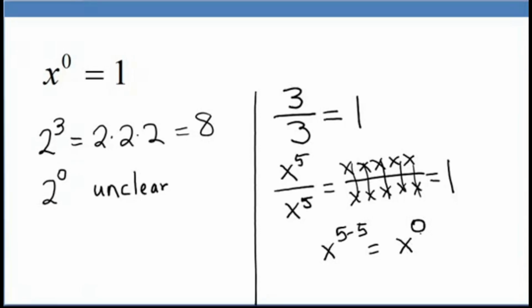So we want that to be defined as the real answer to this problem, which we know is 1. So this is kind of where this definition comes from. 5 minus 5 gives us the 0, but we know this is equal to 1. Now, this was just to help you understand. What you have to know is how to apply this definition.